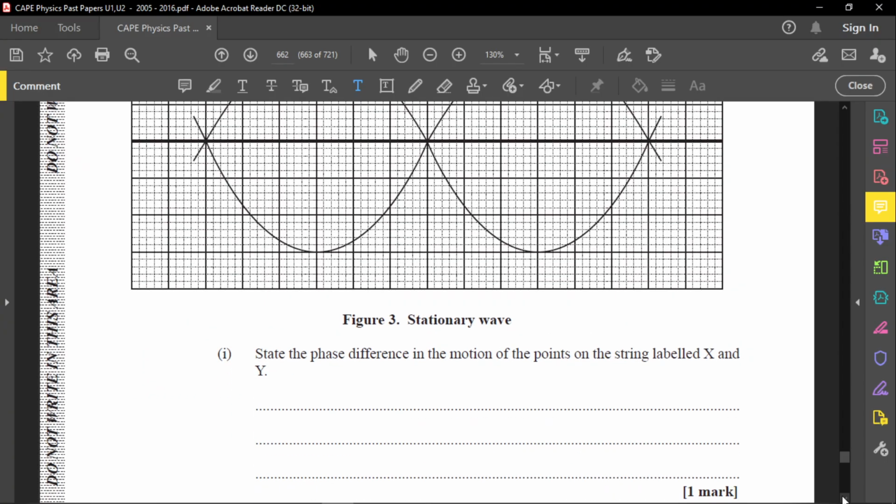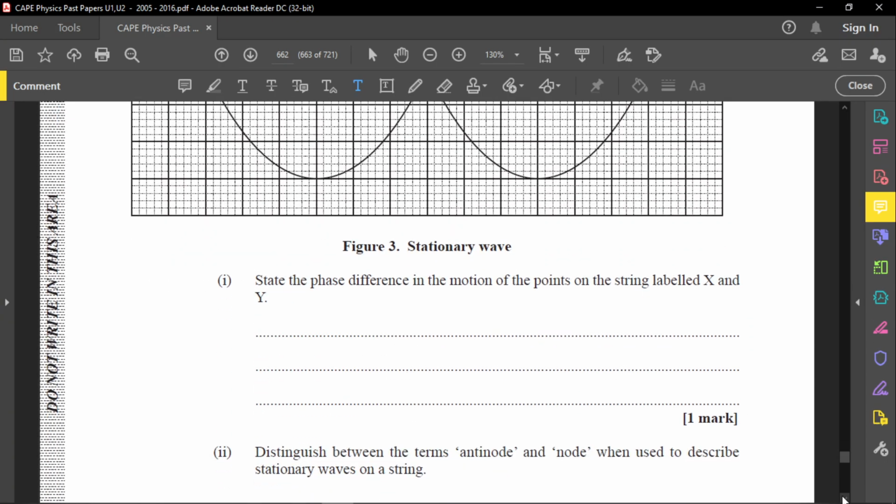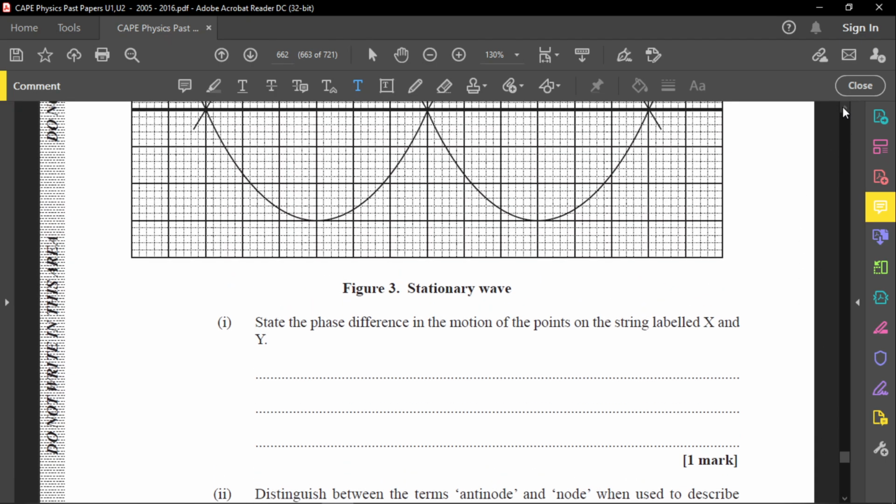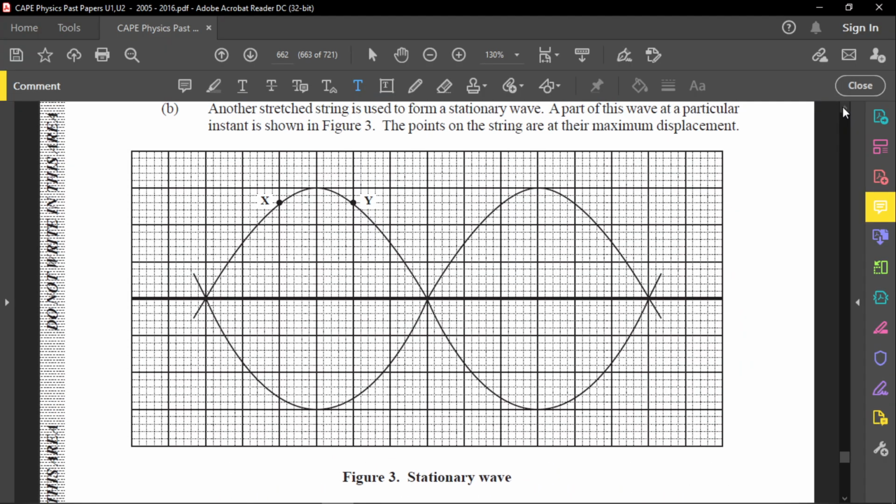All right, so here now it said state the phase difference in the motion of the points on the string labeled X and Y. So what I want to point out where X and Y is concerned is that they are pretty much in phase. And if they are in phase, which are not on the same exact point, because one is going up, one is coming down, but based on where they're positioned on the motion of the wave, they are in phase.